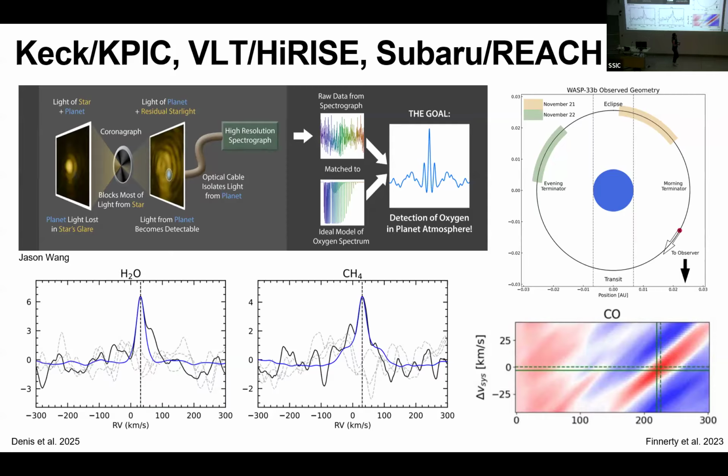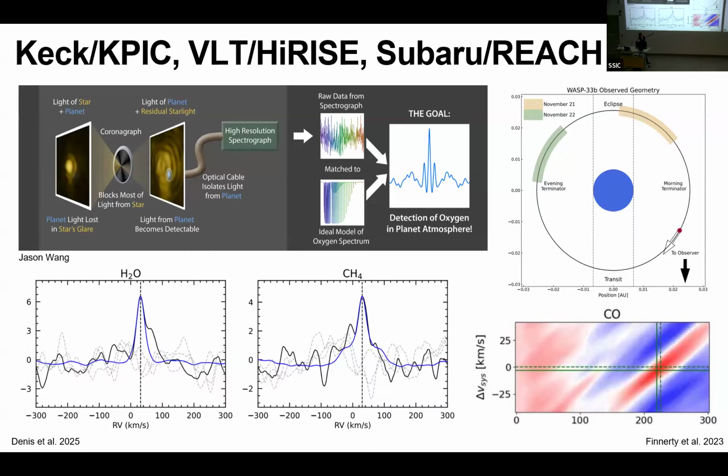Yeah, so this is a mass-constrained object that was first identified with astrometry. And then you can also do things like indirect spectroscopy, where you're, for example, observing transits or eclipses of transiting planet systems. And this is an emission line observation of CO in WASP-33b.